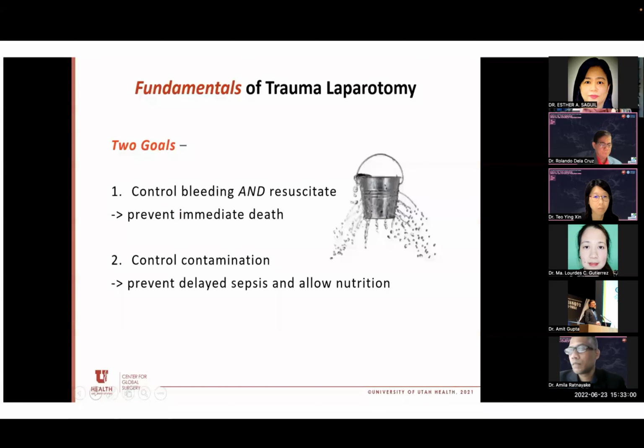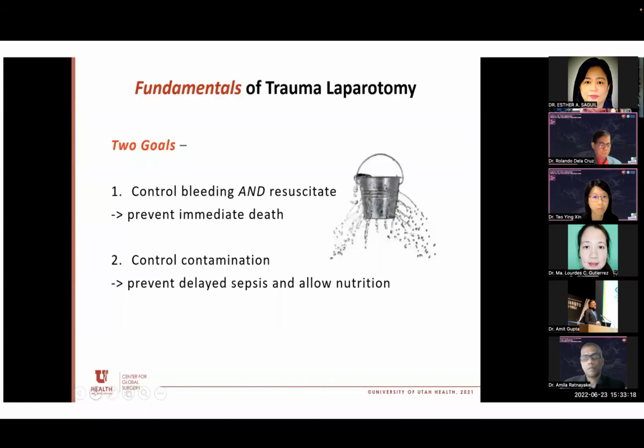In talking about the fundamentals of trauma laparotomy, we need to be aware of what the goals are that we're trying to achieve. The first and most important goal is control of bleeding along with resuscitation, and that's what's necessary to prevent immediate death.